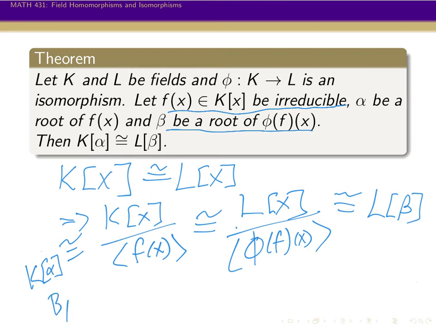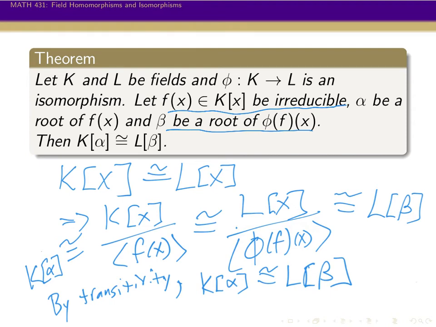So again, by transitivity, k adjoin alpha is isomorphic to L adjoin beta.